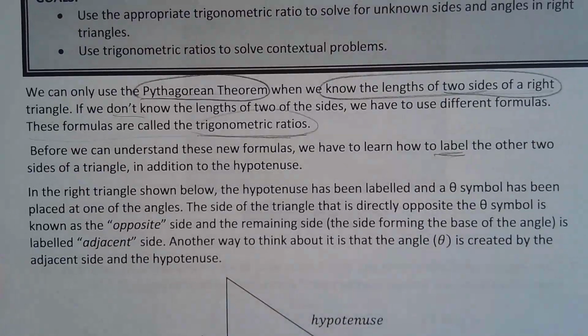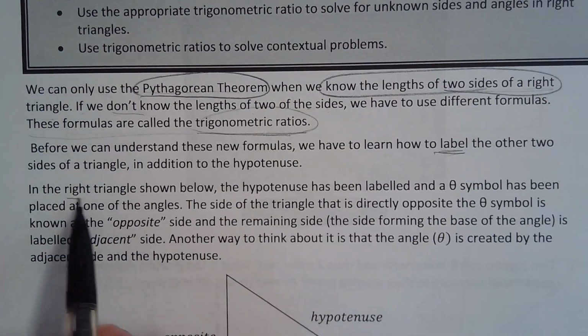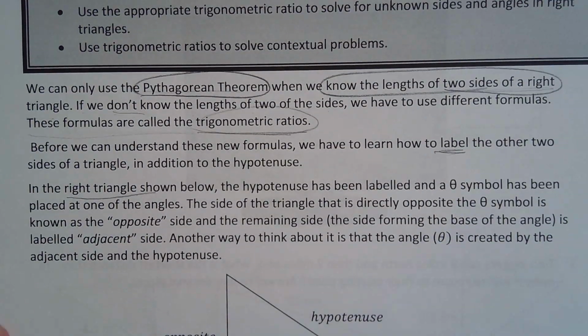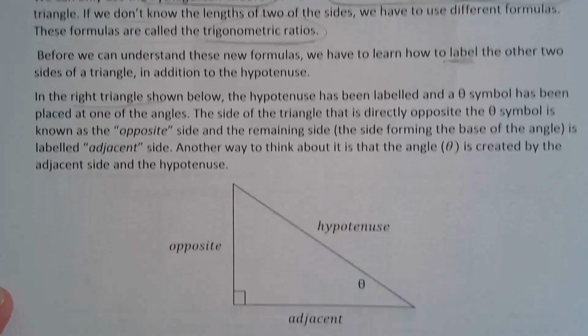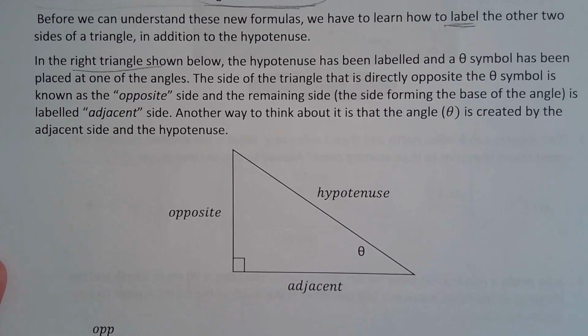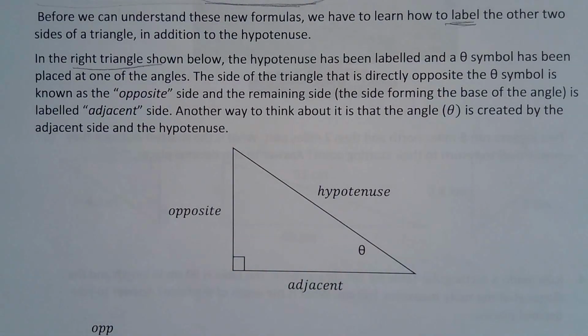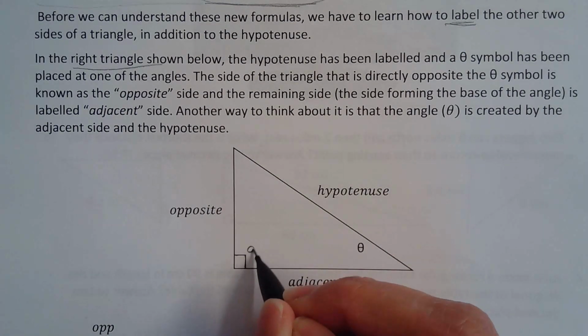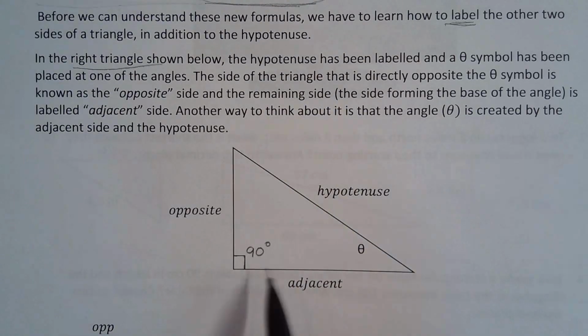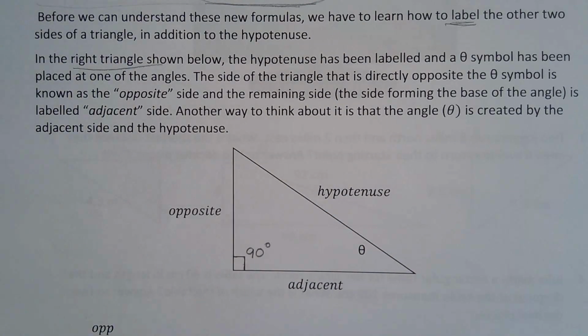Okay. So, in a right triangle shown below, how do we know if the triangle is a right triangle? Because of the 90-degree angle. Yeah, there's a 90-degree angle right there. That makes it a right triangle.